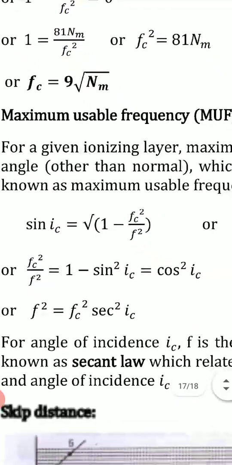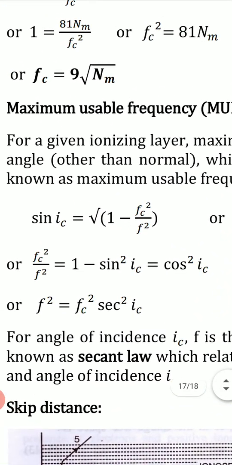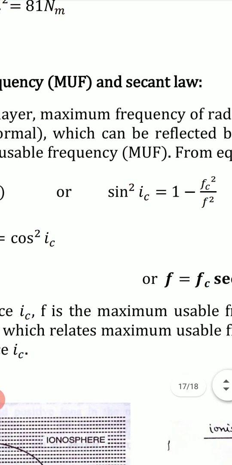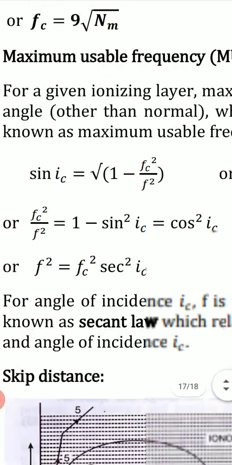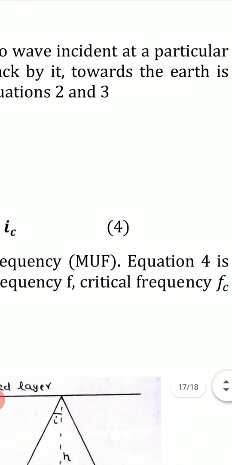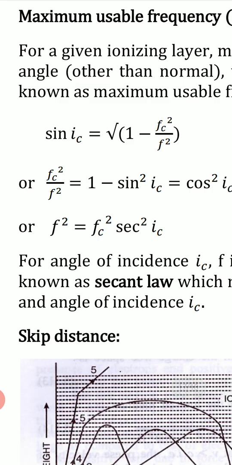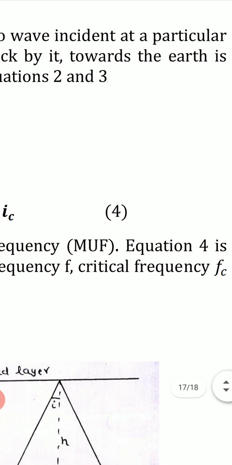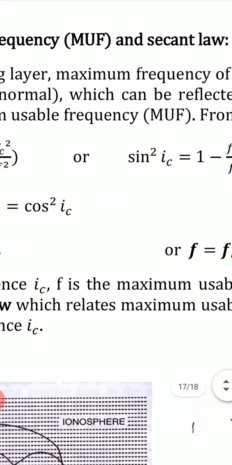Next is maximum usable frequency, MUF, and we will find what is secant law. For a given ionizing layer, maximum frequency of radio wave incident at a particular angle other than normal, which can be reflected back by it towards the earth, is known as maximum usable frequency.